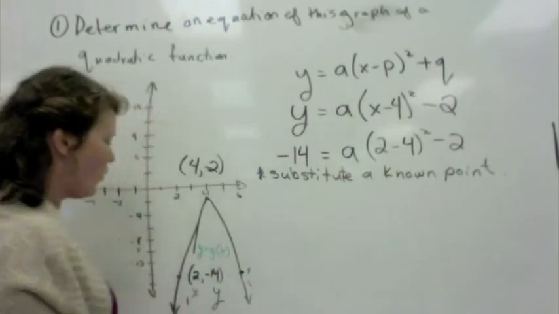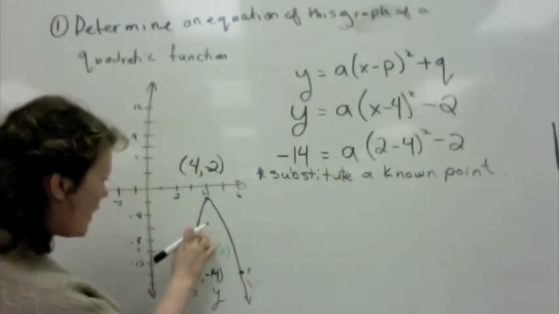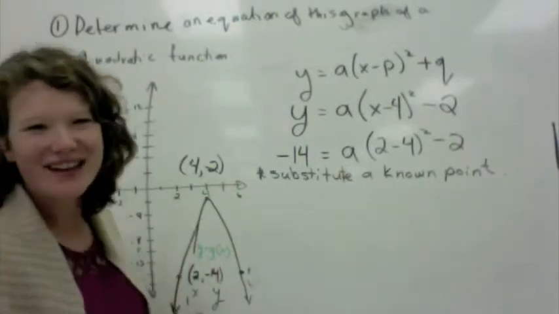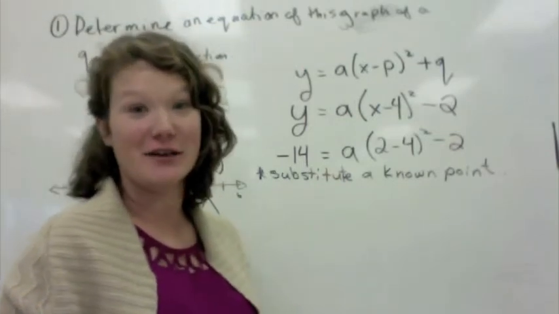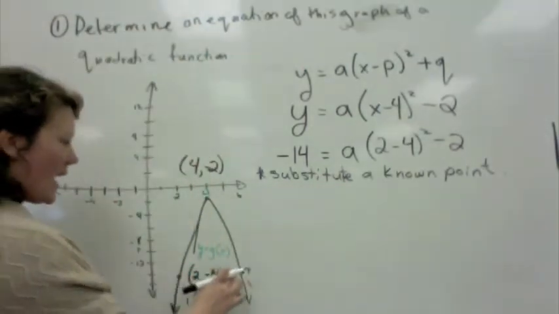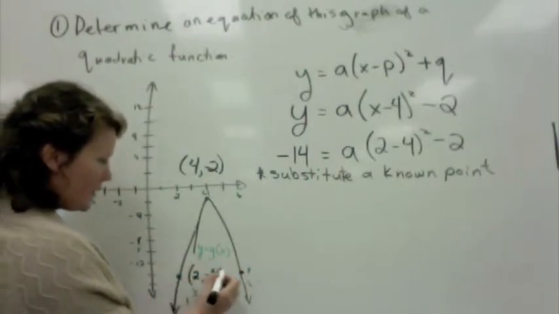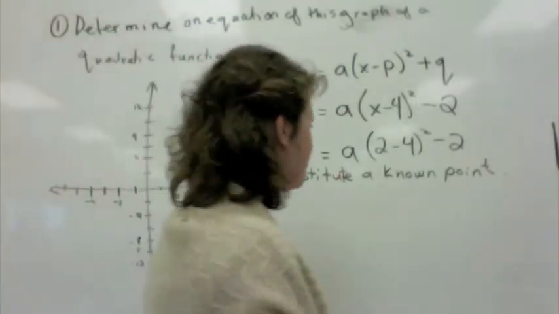Always use known points, okay? Don't pick this one. I think this is 3.2, 5. That's not very precise, and so your equation is not actually going to be that accurate. But since I actually gave these points, since they've been dotted, we can look at them and tell from the graph exactly what they are.